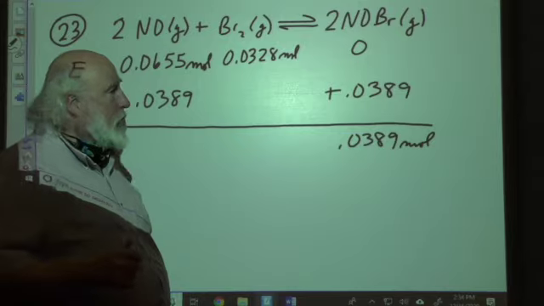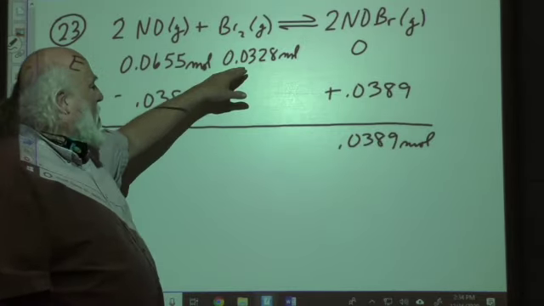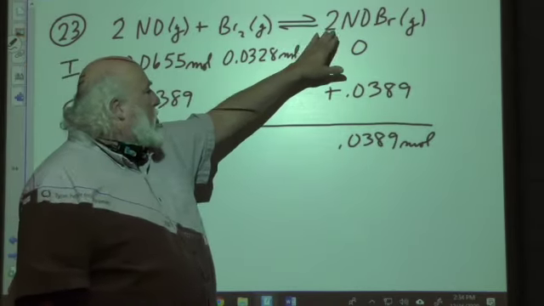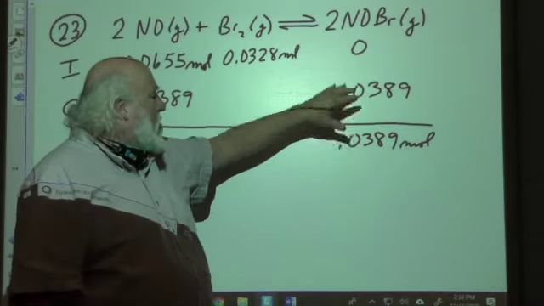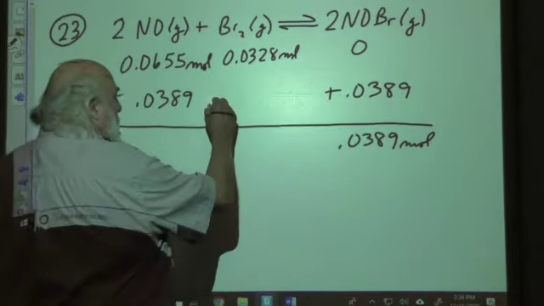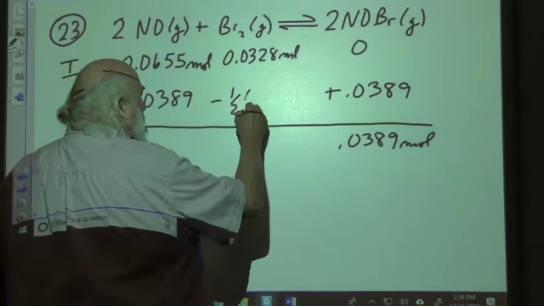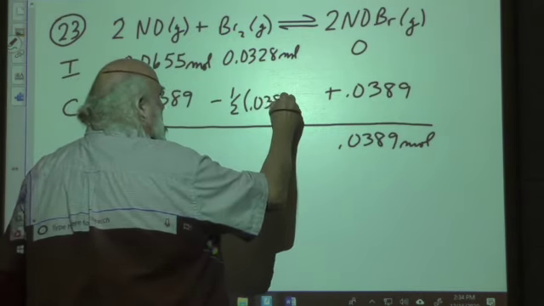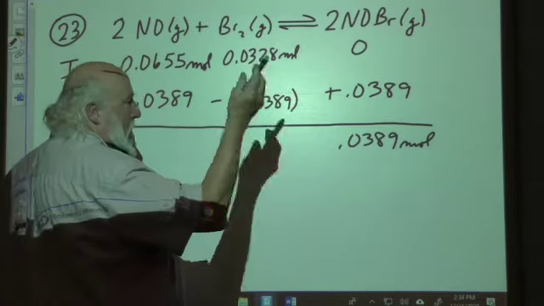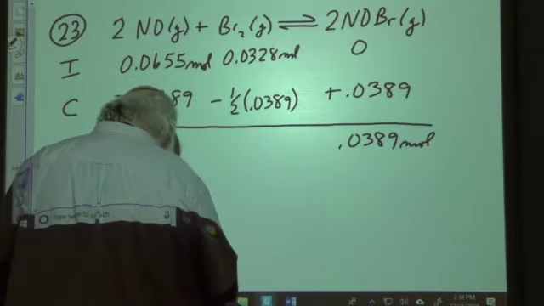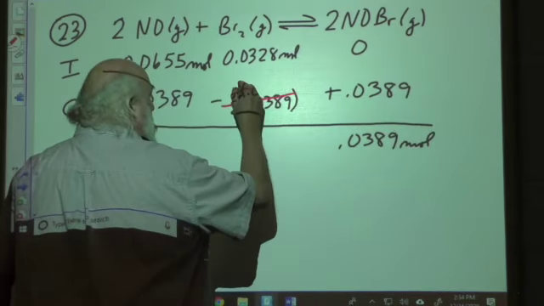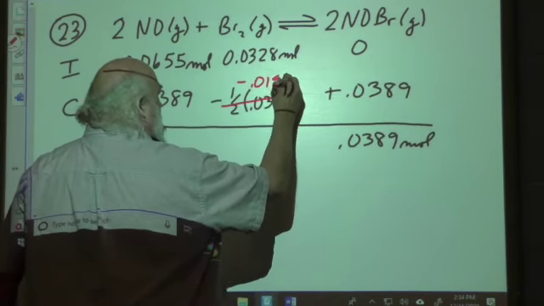However, the amount that this is going to lose is not going to be the same as this because the coefficients are 1 to 2. So that means this is half of this. So this is actually going to be minus 1/2 of 0.0389. And we do the math here, that turns out to be 0.0195. Well, we can cross it out and put minus 0.0195.